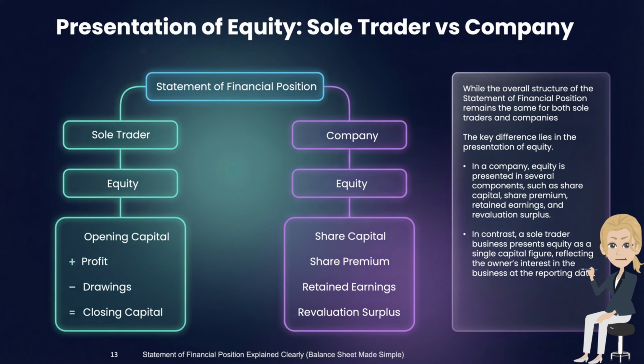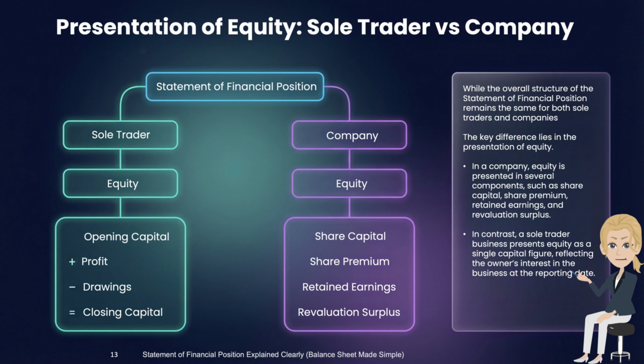Now here's something important to understand. While the overall structure of the statement of financial position remains consistent for both sole traders and companies, the key distinction lies in the presentation of equity. In a company, equity is presented in several components, including share capital, share premium, retained earnings, and revaluation surplus.